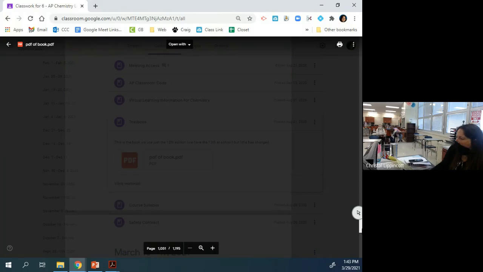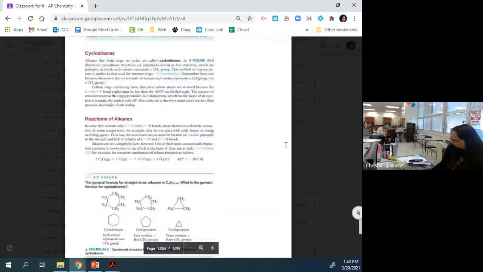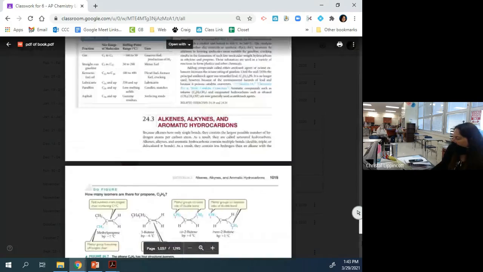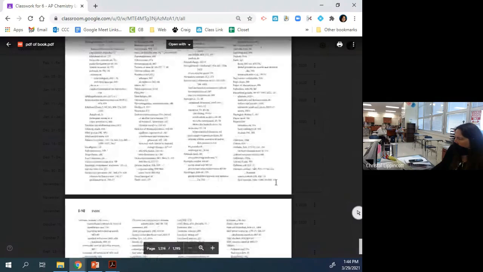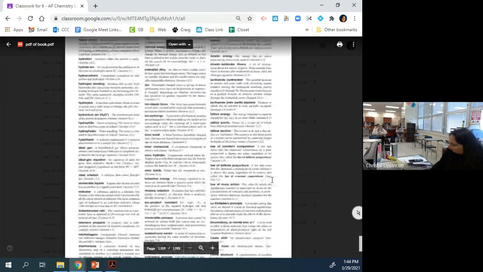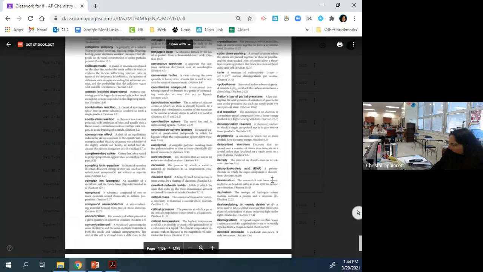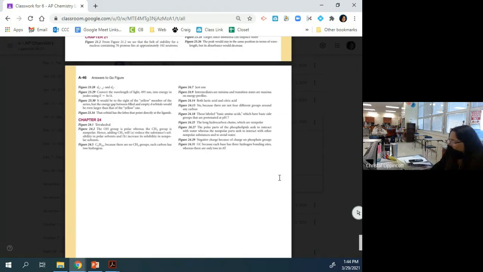But it's so much better than having to lug that thing from home to here and back and forth. So it's not a perfect system, but it works better than the alternative. We're at the glossary now. Getting closer. Sped past the index. Oh, answers.